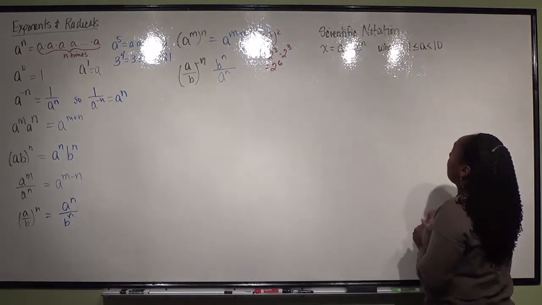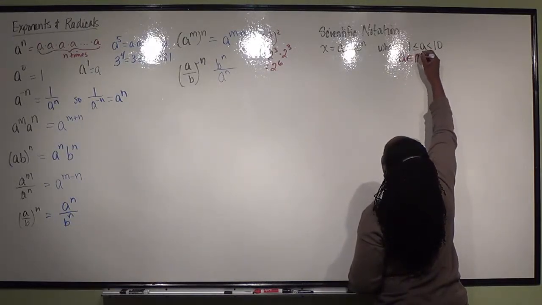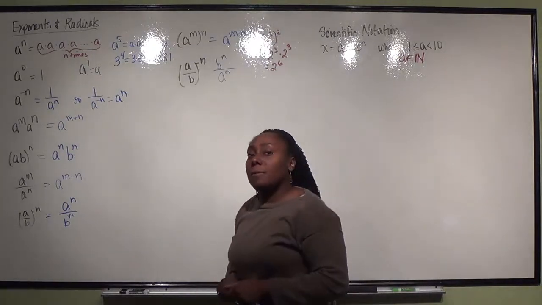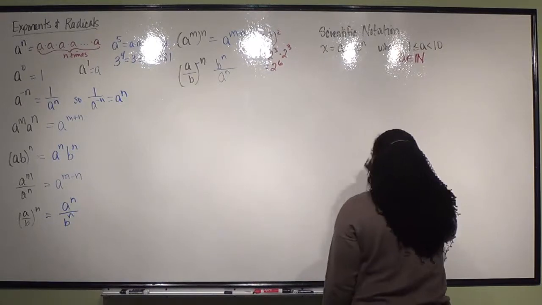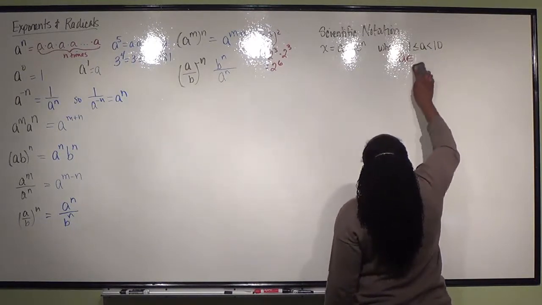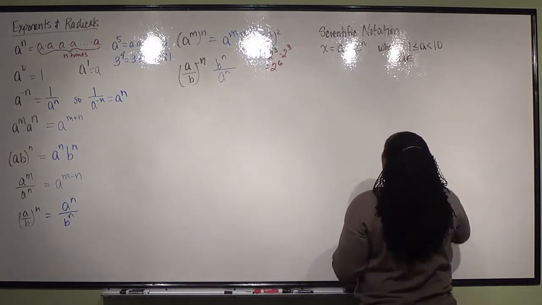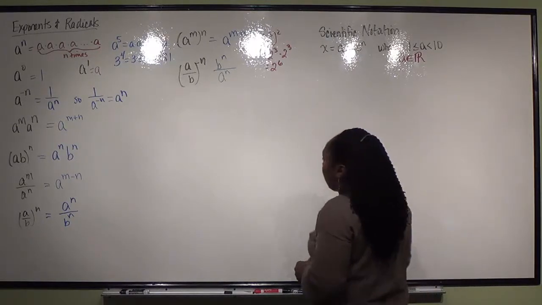And more specifically, n should be a natural number. Okay? So a should be a real number.